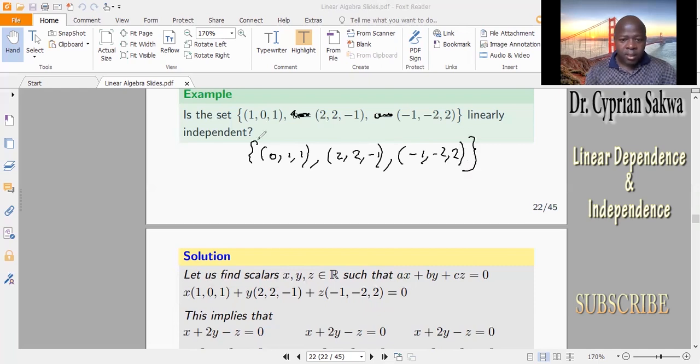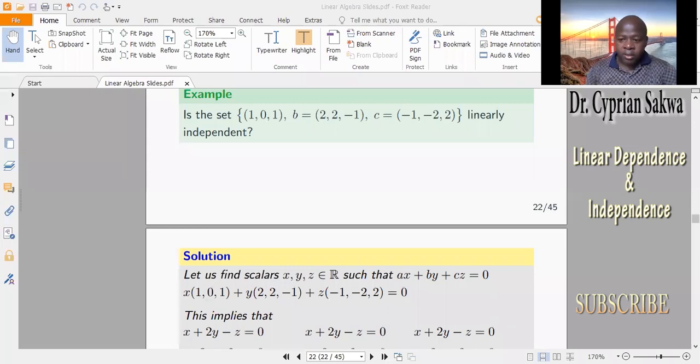Is this set linearly independent or linearly dependent? So again, I want to use our second definition to see whether this set is linearly dependent or not.